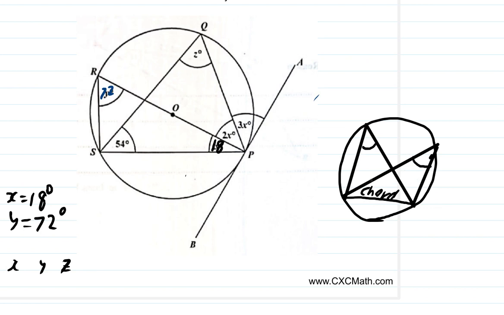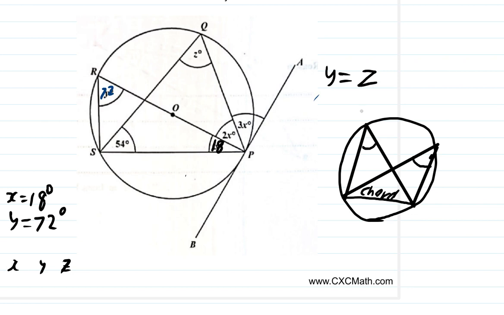So look at the chord SP, look at the angle at Y and look at the angle at Z. In that case, you can see that Y must be equal to Z. I mean, why did I write X up there?